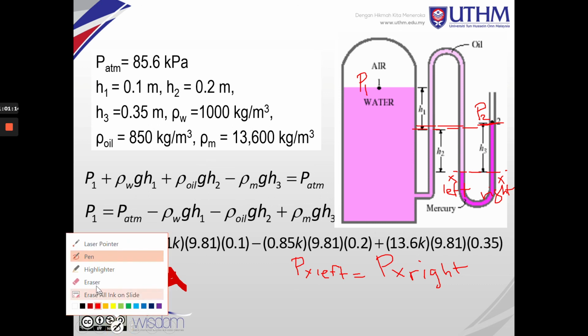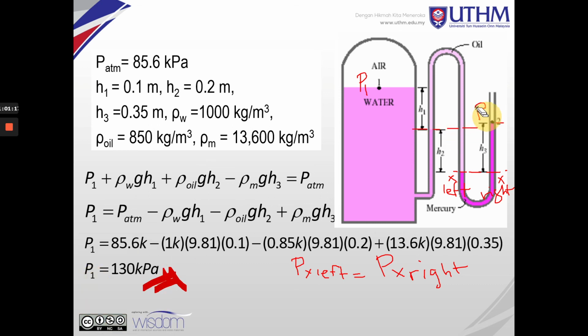Or you can use this one. P2 is just the P atmosphere here, while P1 includes the water here, at this side, so we get h1. The oil here is ρ_oil g h2, so ρ_water g h1, ρ_oil g h2, and the mercury gives h3.